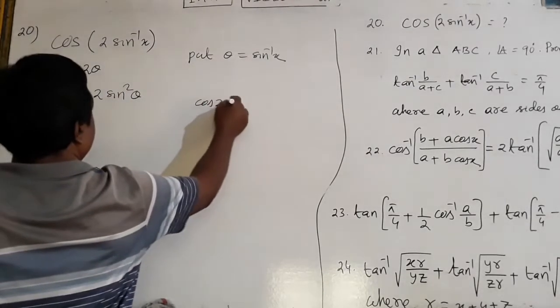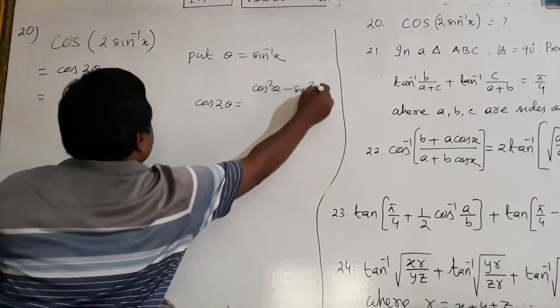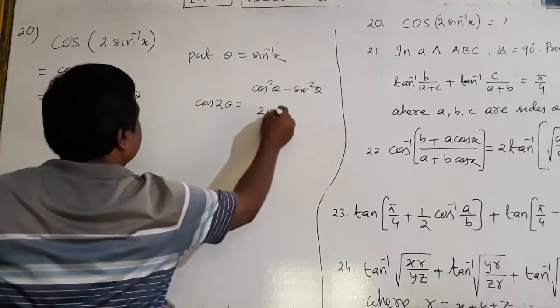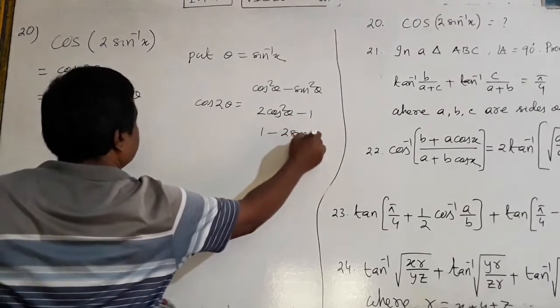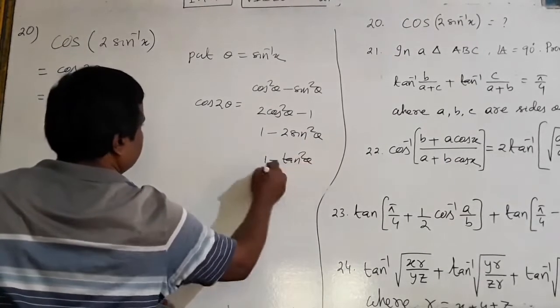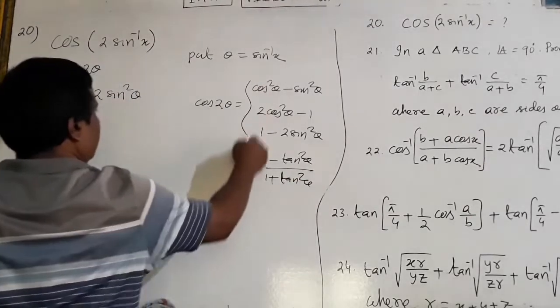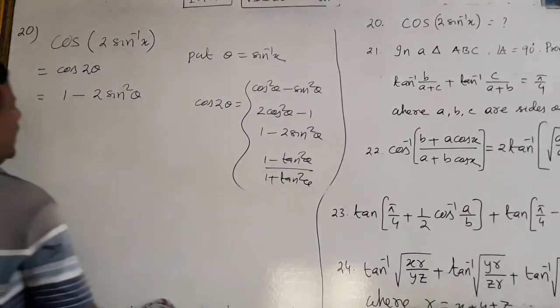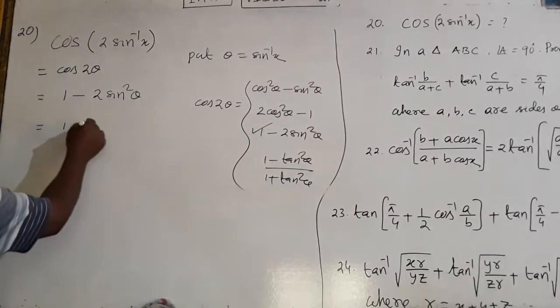You know the formulas of cos 2 theta: cos square theta minus sin square theta, 2 cos square theta minus 1, 1 minus 2 sin square theta, and 1 minus tan square theta by 1 plus tan square theta. But which formula will you apply here? You should apply the formula 1 minus 2 sin square theta.